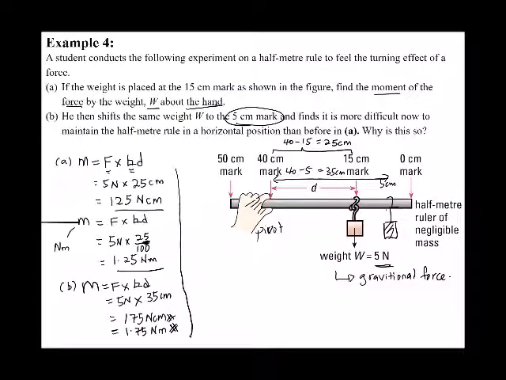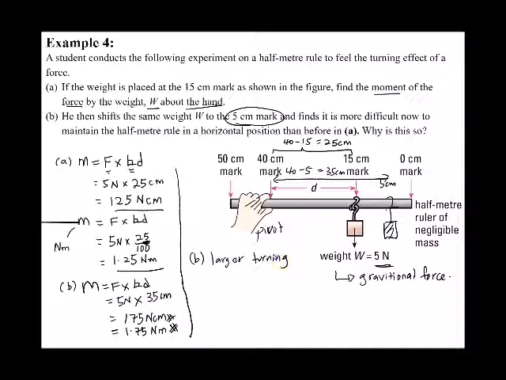So now you can see that just by shifting the weight here, because of the larger perpendicular distance, it results in a larger turning effect. So for part B, it results in a larger turning effect.